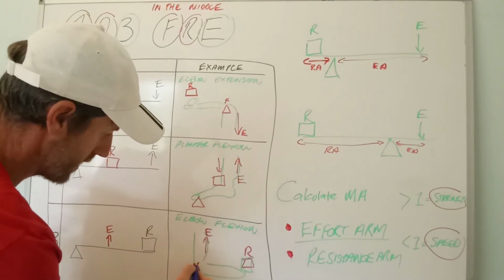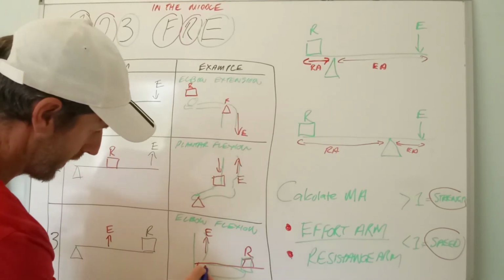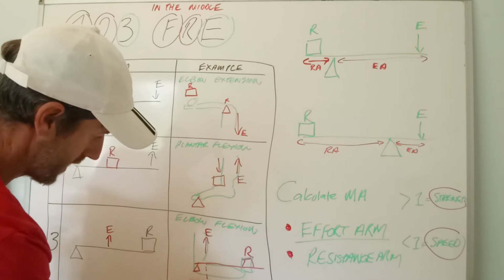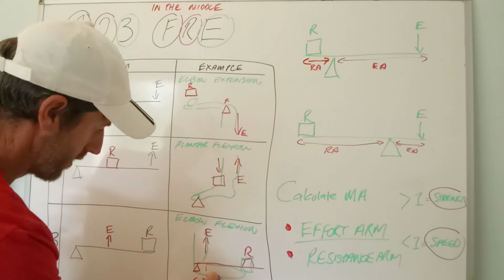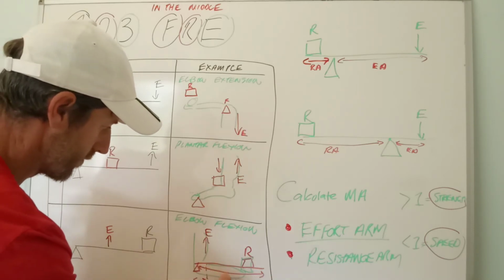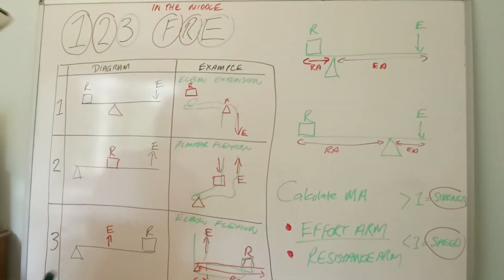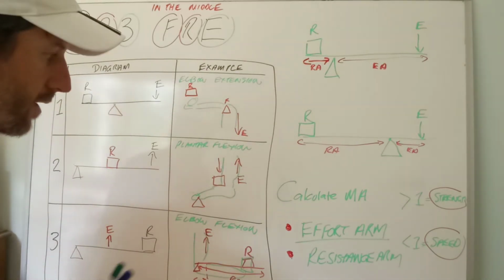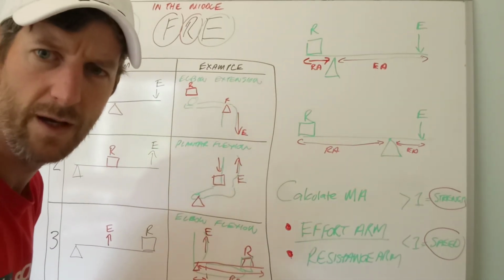For example, this perfect example here. If you look at this here, that is the effort arm, which is tiny. But if you have a look at that, that's the resistance arm. It's a lot longer. Hopefully you can see that.